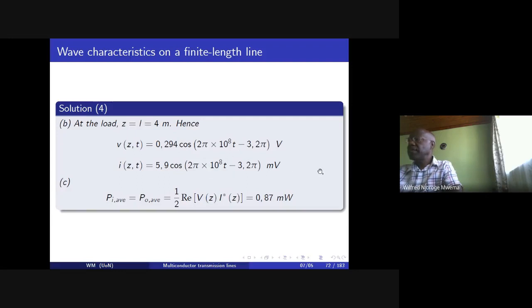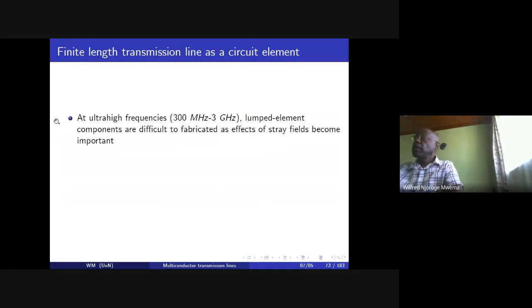But this is just a phase that will come out of it. And C, we have that the average input power is going to be equal to the average output power, because the line is lossless, and we can get that one as 0.87 milliwatts, so to speak.